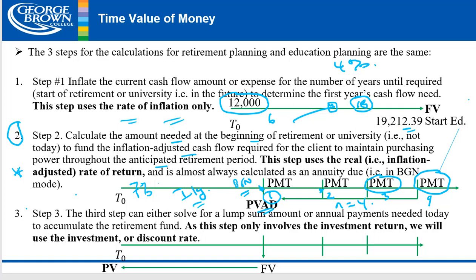But we know that education inflation is going to be rising over those 4 years. That doesn't go away. But I'm going to have a little pool of money because I'm calculating how much I need right now in total for all the 4 years. So I pay out a little bit in the first year, and I'm earning a little bit of interest. So for our discount rate to maintain that purchasing power, we're not doing 7 minus 4 equals 3. We're going to use the real adjusted rate of return, okay?